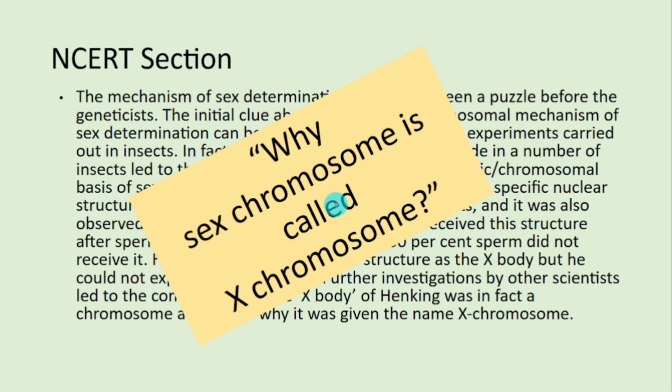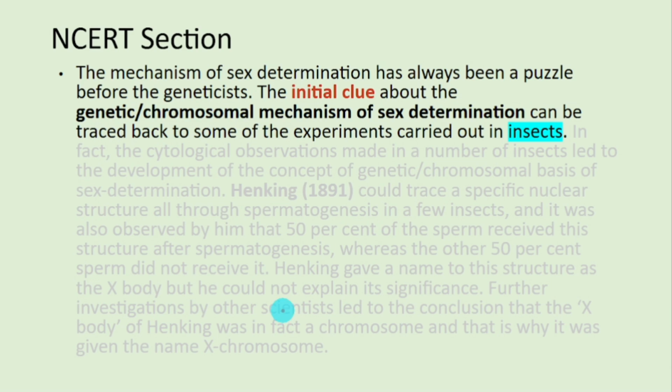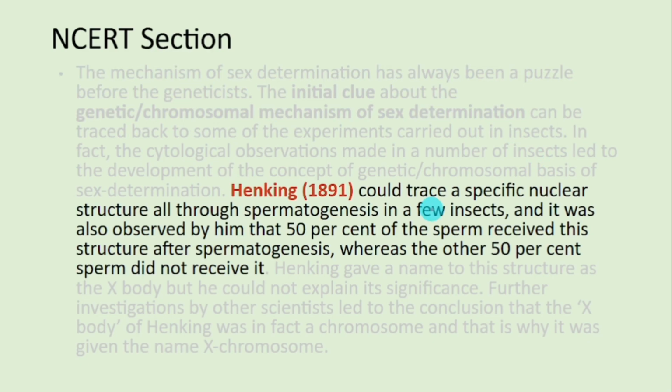So in the first section we will understand why the sex chromosome is called the X chromosome. See, the initial clue that the sex was determined by a particular chromosome came from experiments that were done on insects. And the name of the scientist which you have to remember is Henking. This is the year.